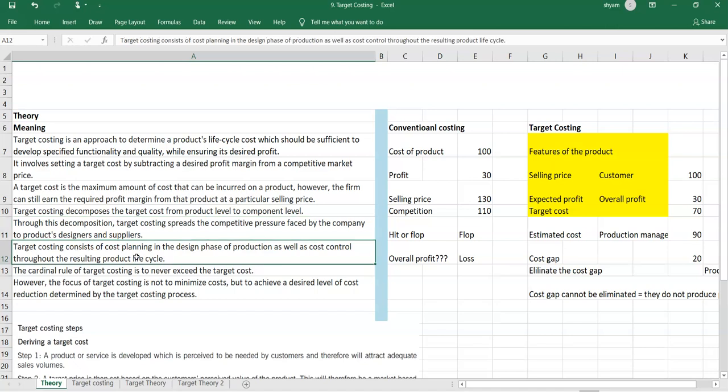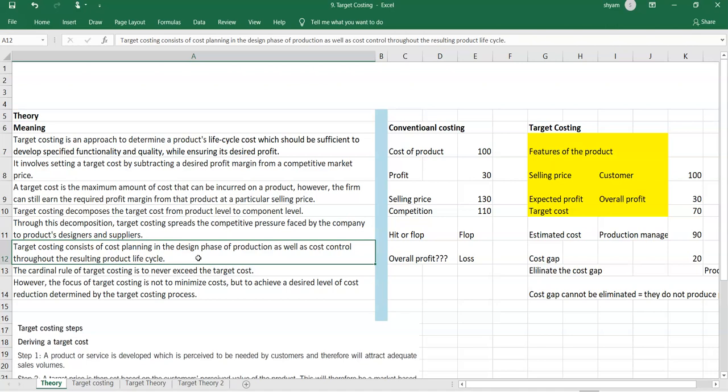Target costing consists of cost planning in the design phase of production as well as cost control throughout the resulting product life. So while designing itself, we have to try to find out how we could reduce the cost of the product, because sometimes if we design a product in a particular way, the cost would change.